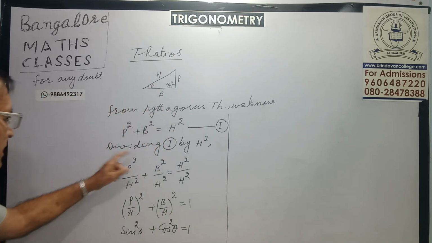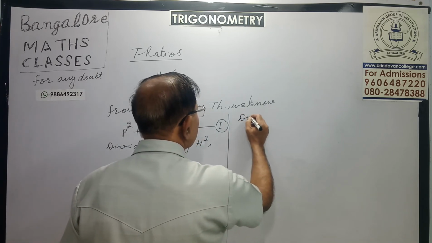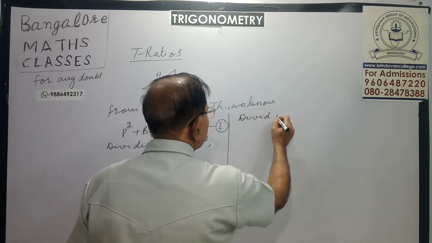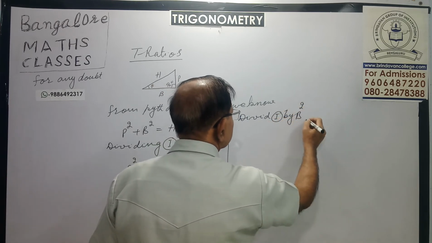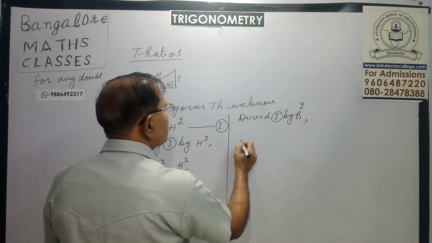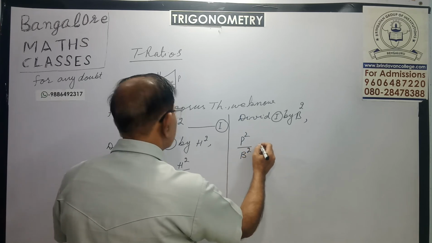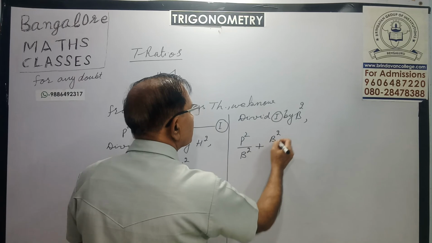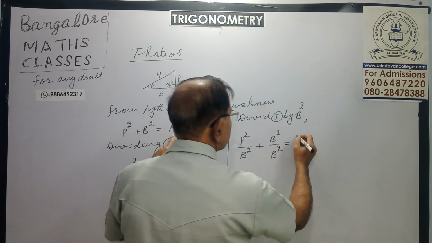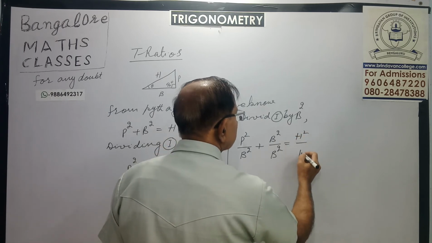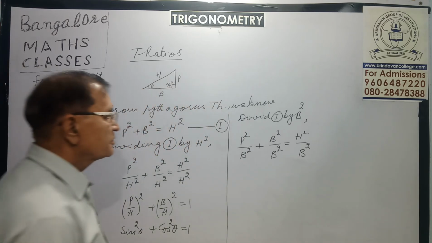Then divide 1 by B square. P square by B square, B square by B square, H square by B square. So why divide throughout by B square?